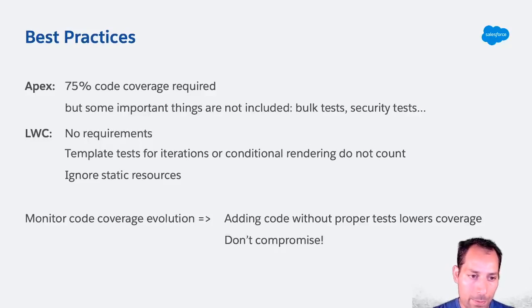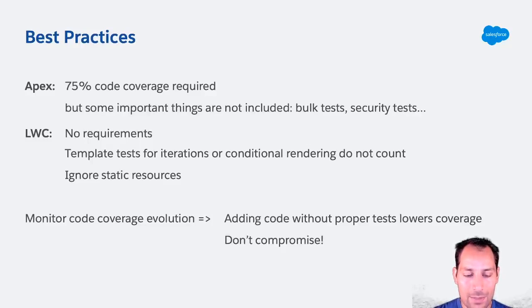Now for Lightning Web Components, there's strictly no requirement, but I think it is the responsibility of developers to make sure that they ship something in production that is safe and will work. And there are also some things that are not included in code coverage for Lightning Web Components. And something also very important, code coverage does not check for dynamic templates.